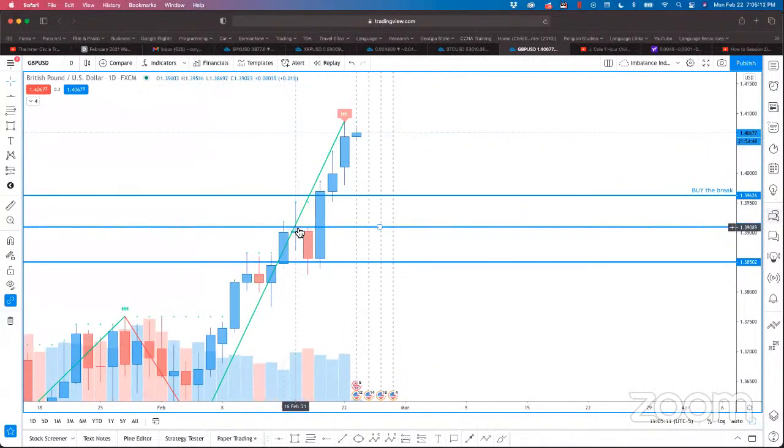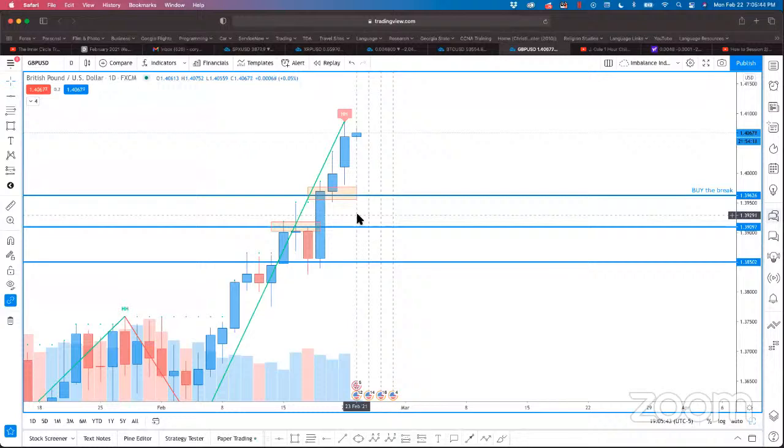Did this candle break and close above any one of these 3 candles? Are you asking us? No, it didn't. Did any of these 3 candles break and close above? I'm asking that as a question.